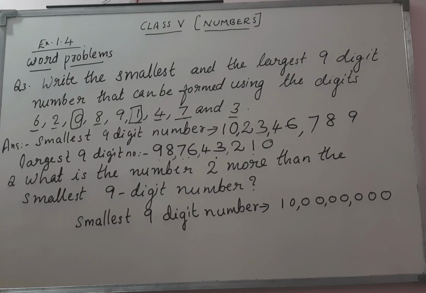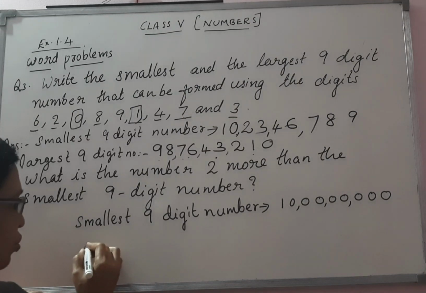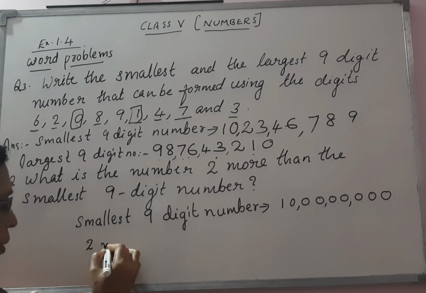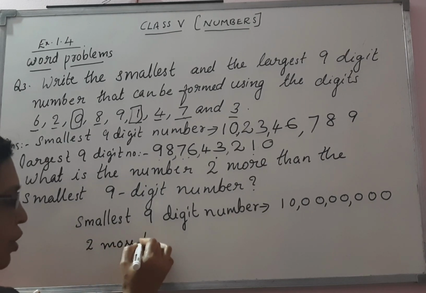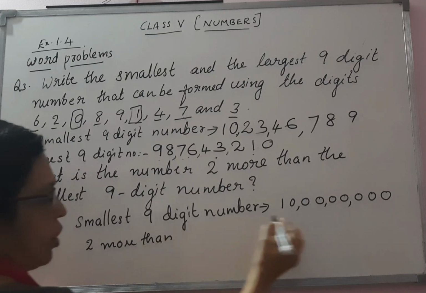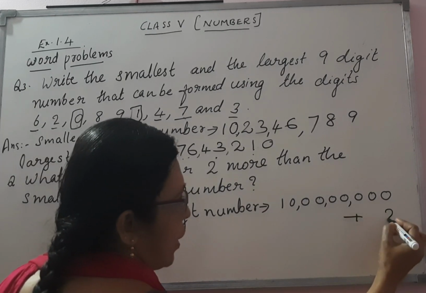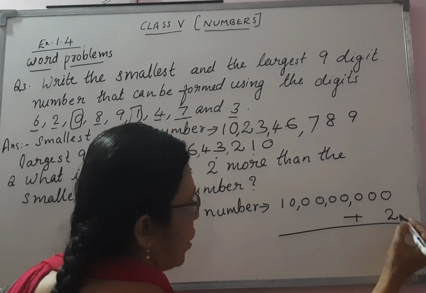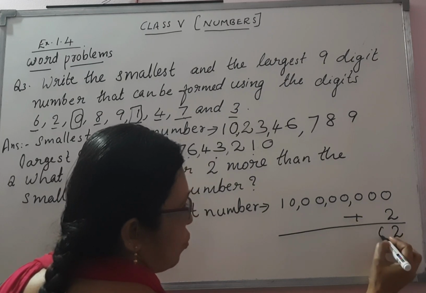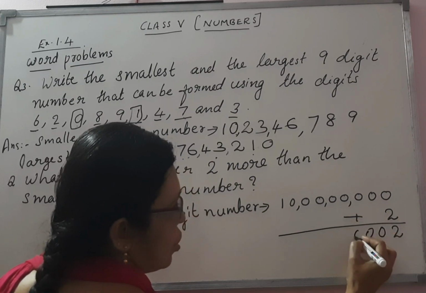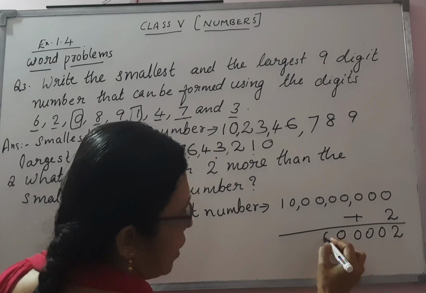And 2 more than the smallest 9-digit number. So if 2 more than, what should you do? We should add 2. So you have to add 2 here. After adding 2, you have to add 2 plus 0, 2, 0, 0, 0. In the correct position, you have to write those zeros.